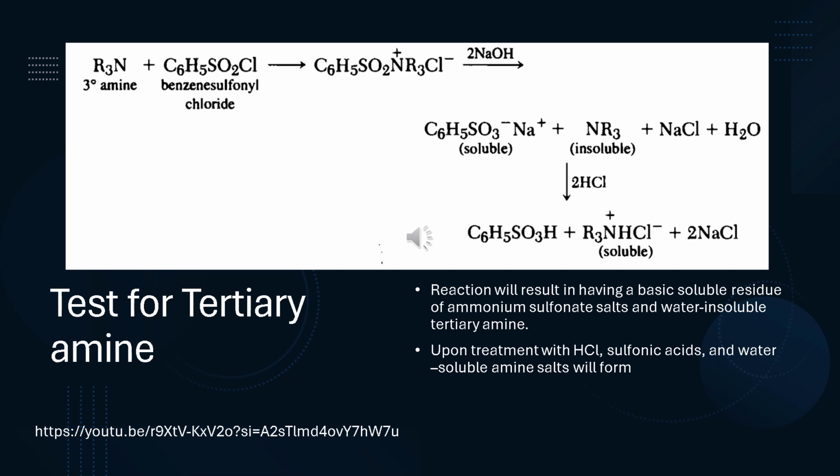And also the water insoluble tertiary amine will stay in the test tube. It will not be reacted. Okay, so this unreacted tertiary amine, which is basically our unknown, will react with HCl to form sulfonic acid and a water soluble amine salt.